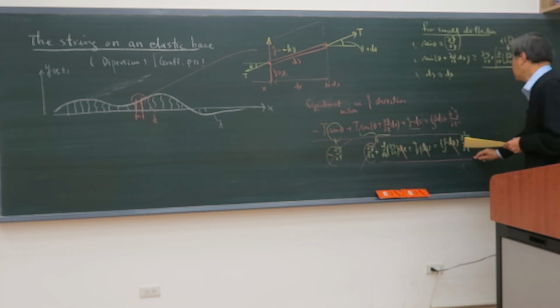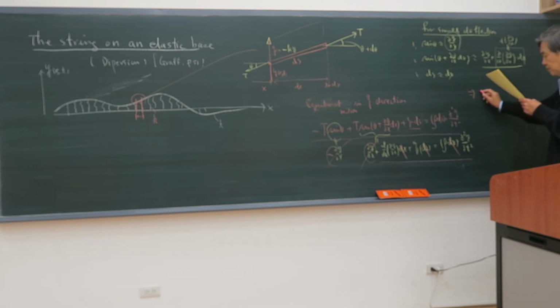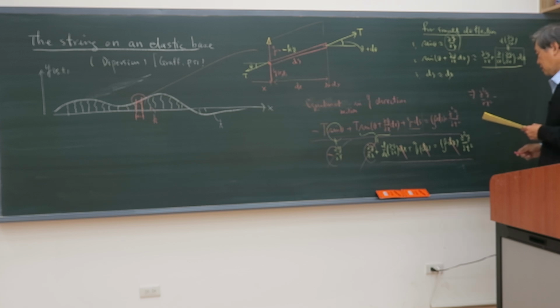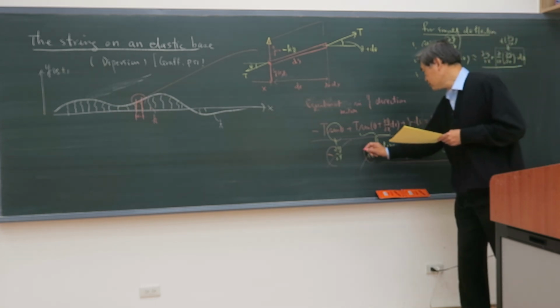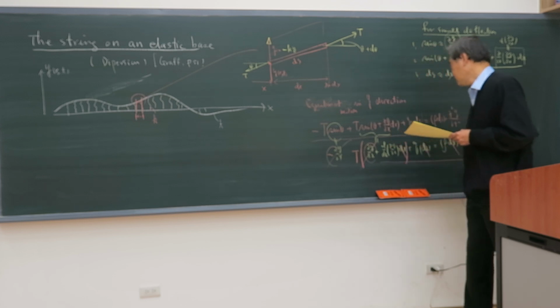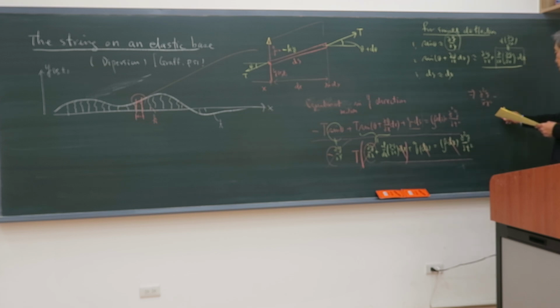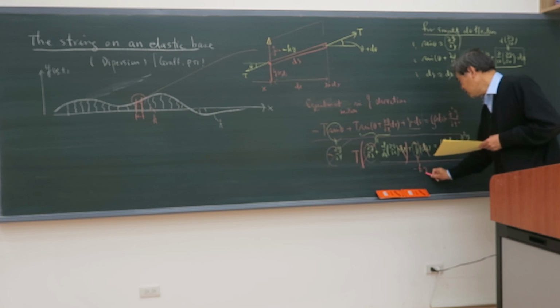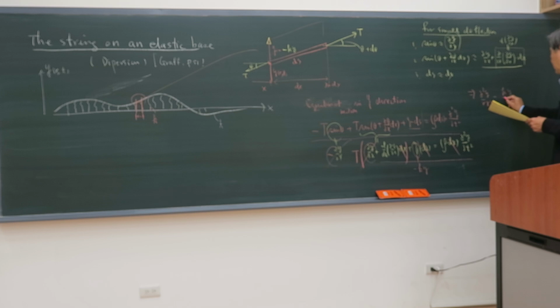So what I have here, then we get the governing equation: T partial squared y partial x squared minus ky, divided by T, equal to rho over T, partial squared y partial t squared.